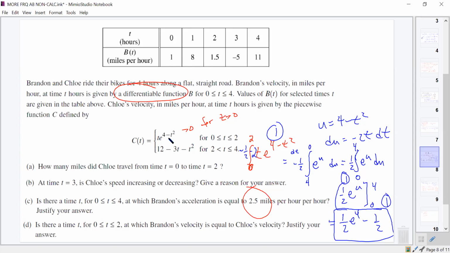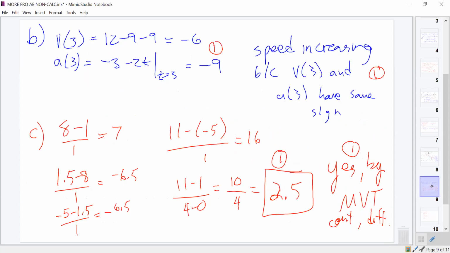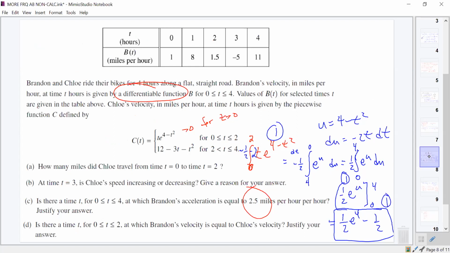I couldn't find it. 1 e to the 3rd. That does not equal 8. And if we look at 2, there we go. So we look at 2, what do we get here? 2e to the 0.